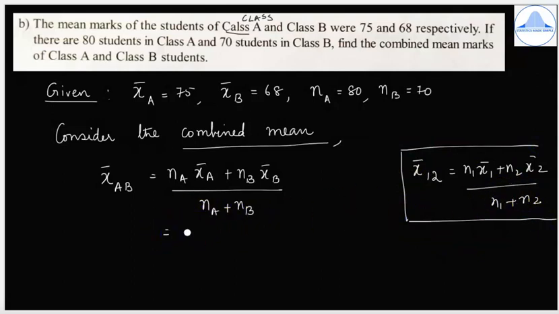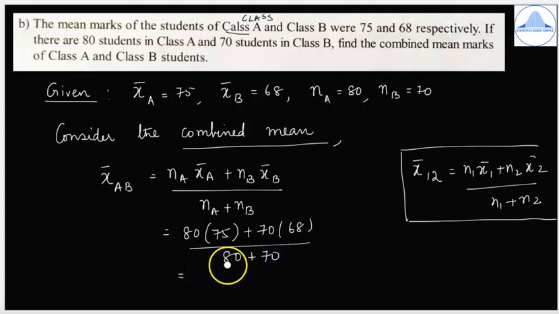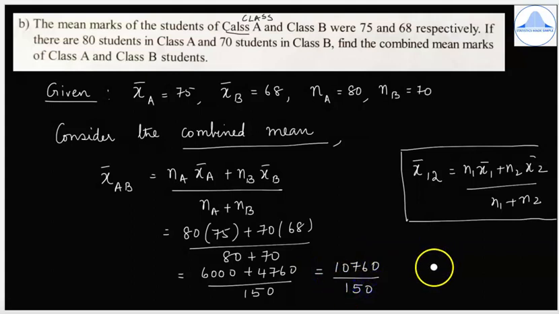Now substitute the values. So it is 80 into 75 plus 70 into 68 divided by 80 plus 70. This simplifies to 6000 plus 4760 divided by 150, which further simplifies to 10,760 divided by 150.